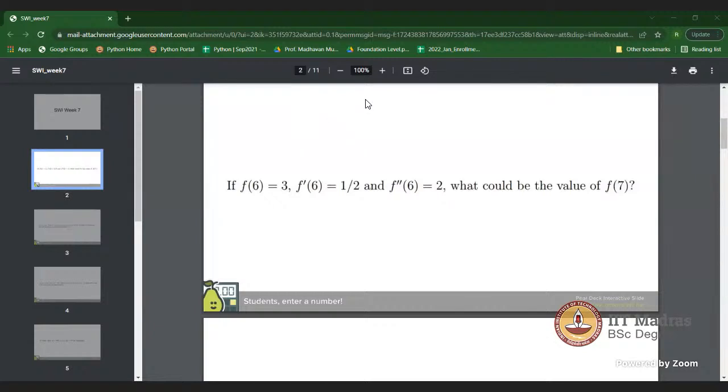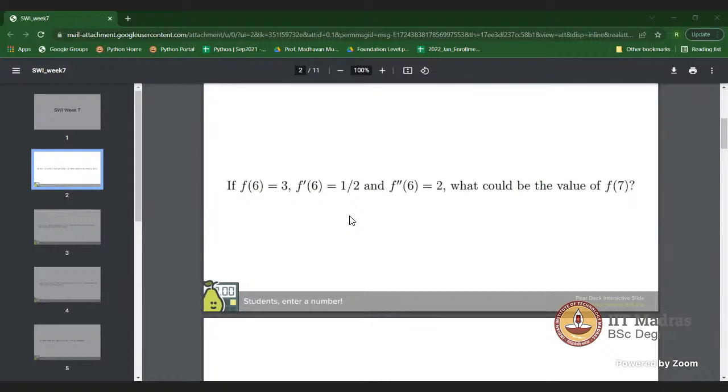Shall we discuss the solution, or do you still want some more time? Yes, sir, please discuss. Okay. So the expansion of the Taylor series for f of x plus delta is f of x plus f dash of x into delta plus delta whole square by 2 into f double dash of x.